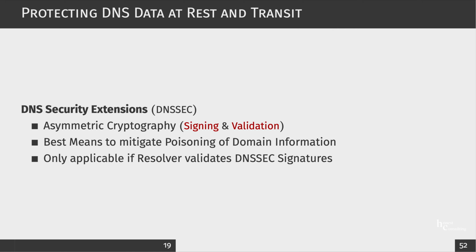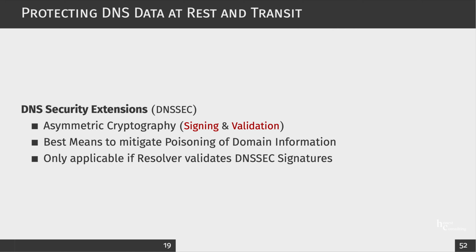And also the other way around, if you are validating signatures and there is a zone that isn't signed yet, then your recursive server is still able to provide an answer. So this can coexist in parallel. It is using asymmetric cryptography, which is quite common nowadays, and it's used for two main things.